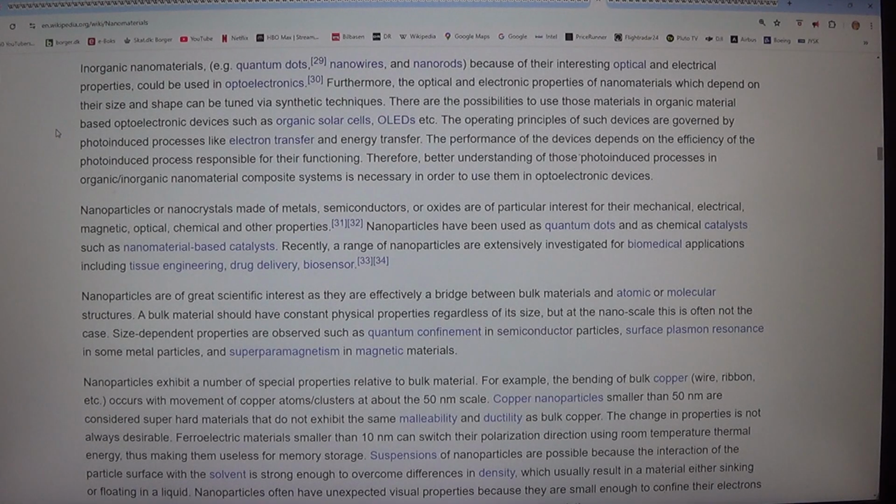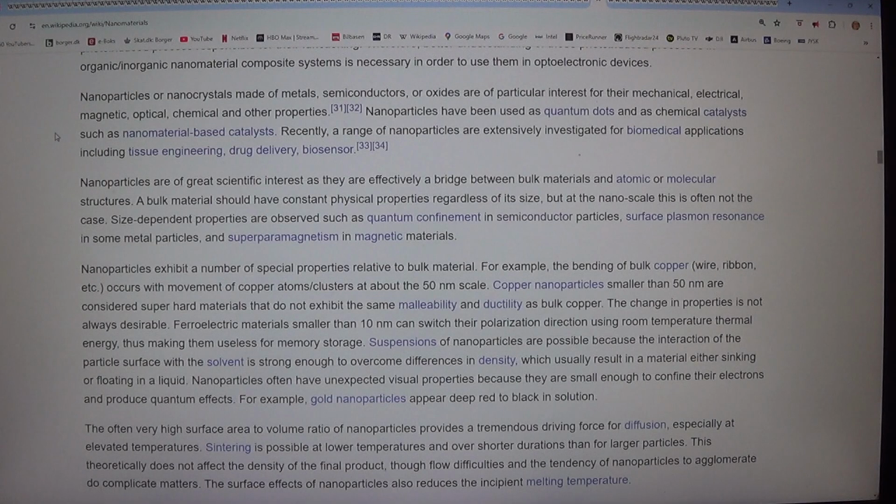Nanoparticles have been used as quantum dots and as chemical catalysts such as nanomaterial-based catalysts. Recently, a range of nanoparticles are extensively investigated for biomedical applications including tissue engineering, drug delivery, and biosensors.